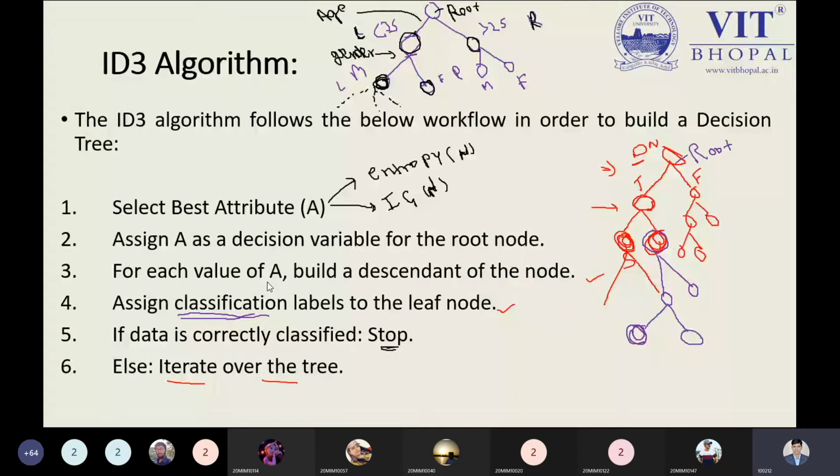Next, assign A. What is A? A is the best attribute as a decision variable for the root node. A few minutes ago you saw that we select the best attribute, that is the feature, and based on it you split your data into two parts: yellow color and non-yellow color.